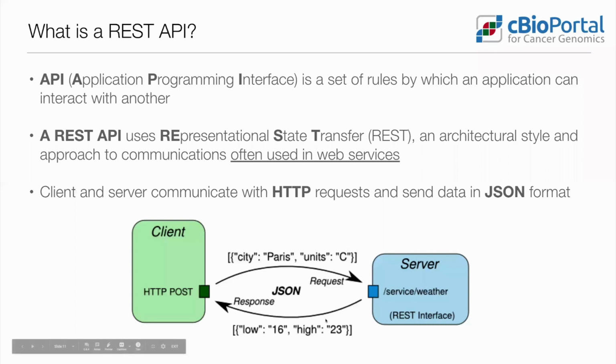That server then responds and sends back another JSON object: low 16, high 23. This is how a large part of the internet communicates, how a large part of different servers communicate with each other.